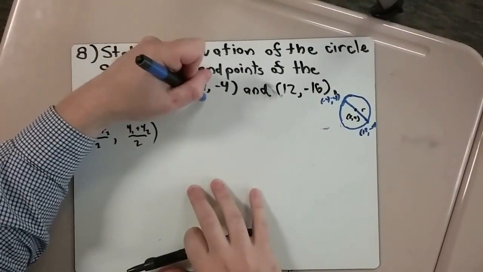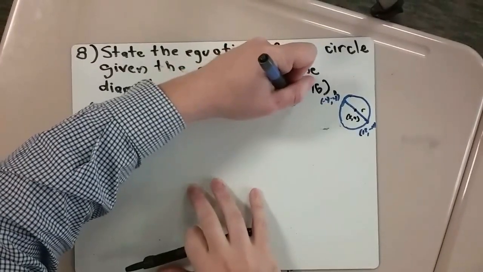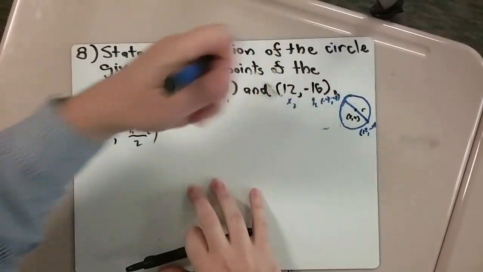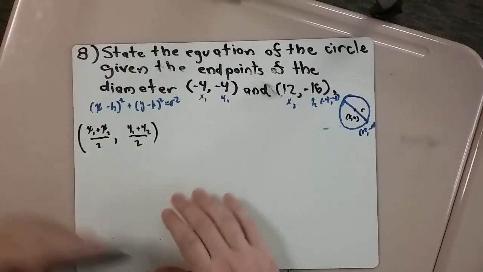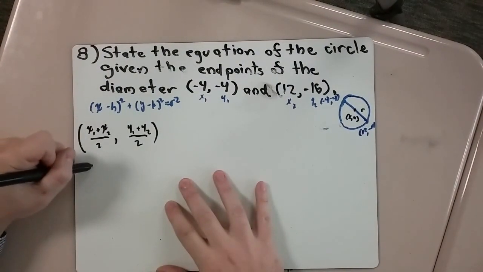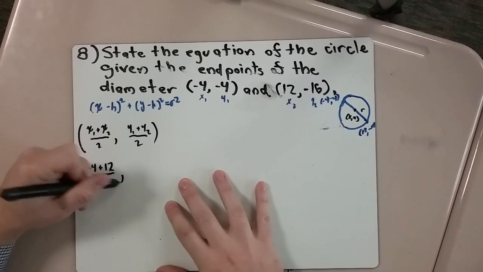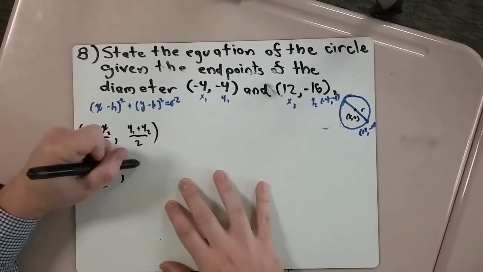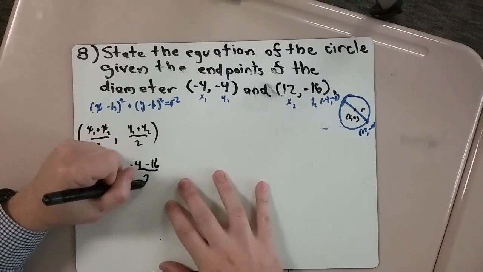I'm trying to keep these boards as clear as possible for you. That's x2 and y2. So I have -4 plus 12 divided by 2. Then I have -4 minus 16 divided by 2.